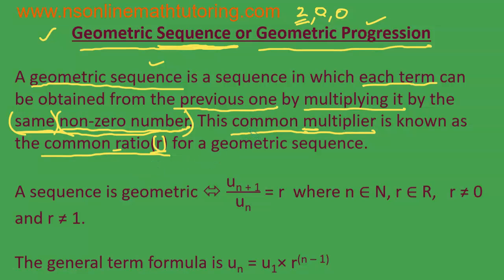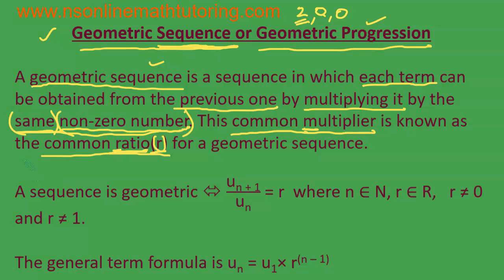I am saying that a number is getting multiplied by some common multiplier to give us the next number of the sequence. So, the common multiplier is obviously associated with multiplication, whereas we know the ratio is always associated with the division operation, right? So, aren't they contradictory? No, they are not.